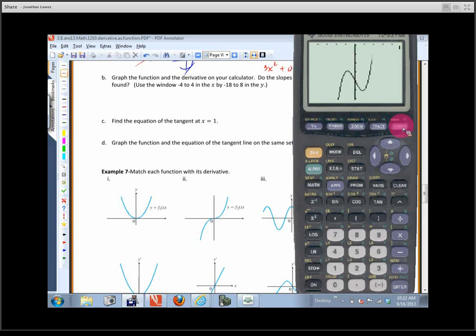You can do arithmetic right there. Now I'm going to hit trace and I'm going to hit 1 and it's going to hop right to that point. Now if we look at that, does that look like a slope of 1? Does that work?